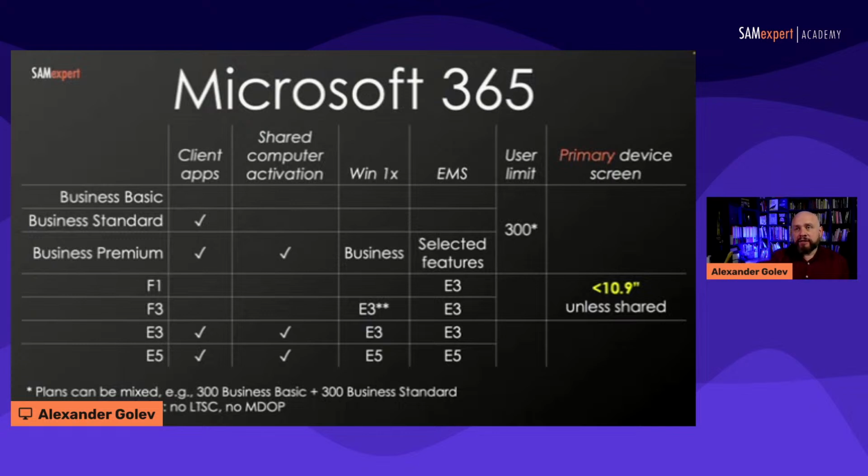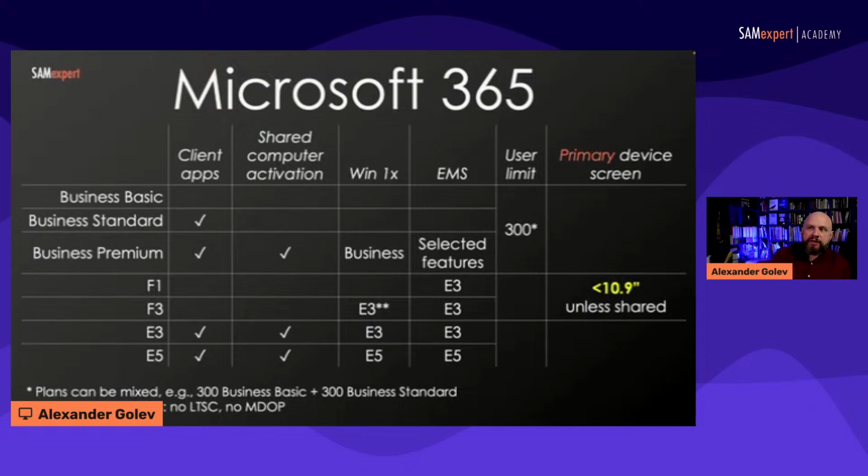Windows 11 is an interesting one because, although those plans are called Microsoft 365, and Windows 11 is a part of Microsoft 365 plans, it's not included in every plan. You can see, for example, that in the business plans, only a special edition, Microsoft Windows 11 Business, is included in Business Premium.